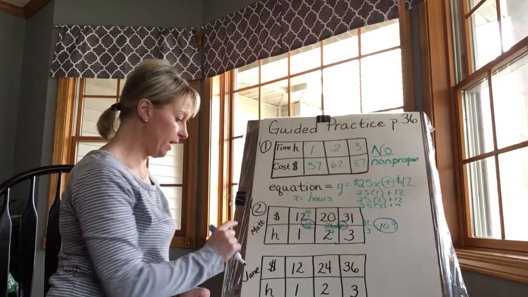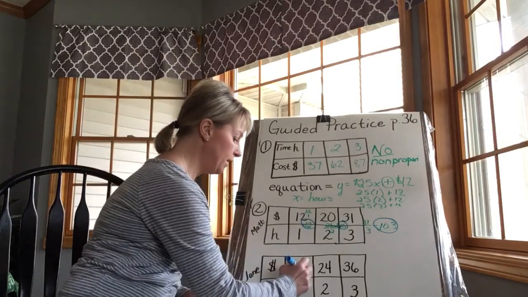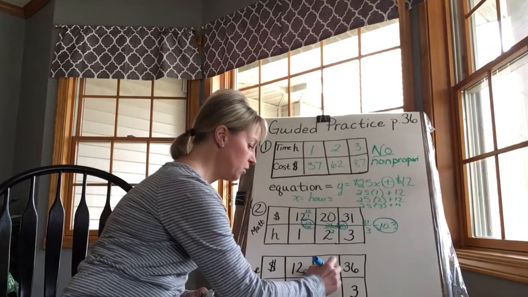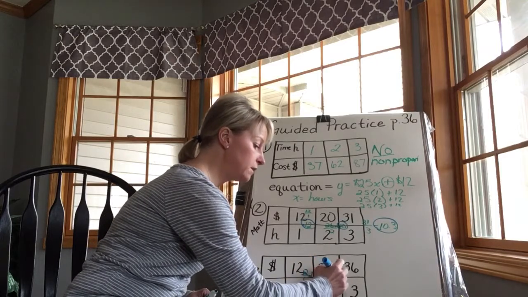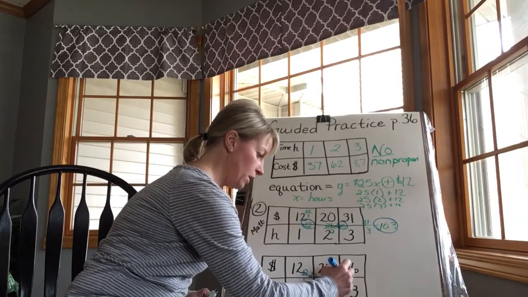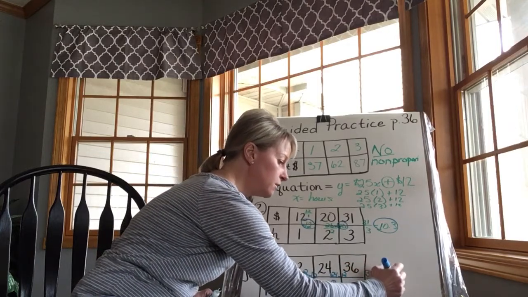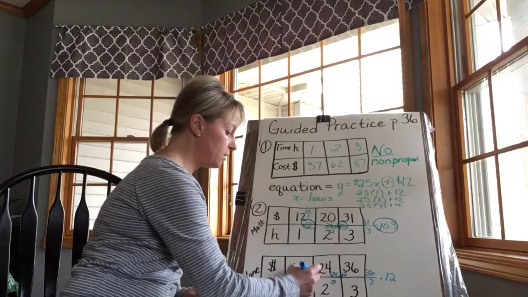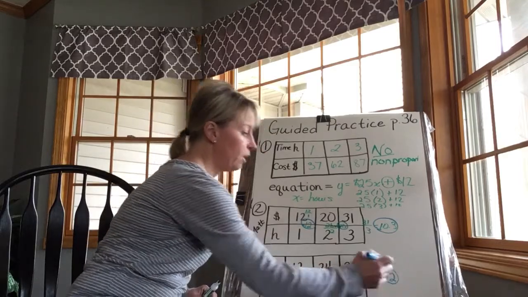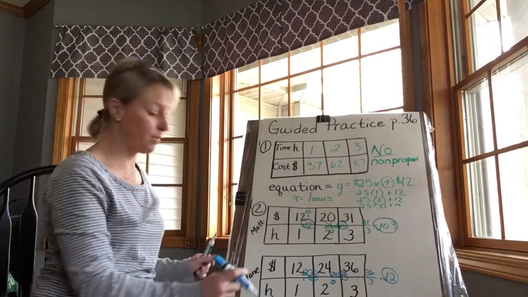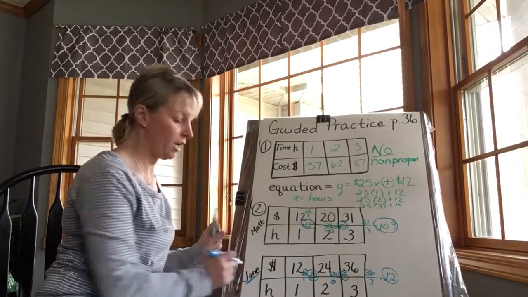But let's check on Jane. 12 divided by 1 is 12. 24 divided by 2 is 12. And then 36 divided by 3 is 12. So all of these, 12, 12, and 12 match up. So the person who has the proportional relationship is Jane.